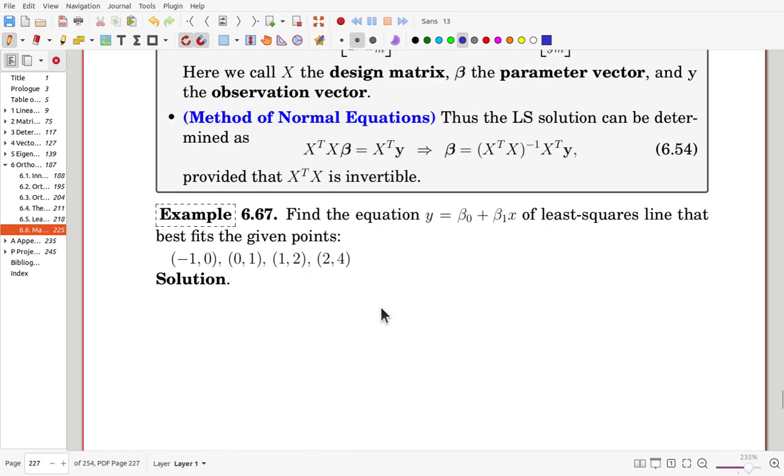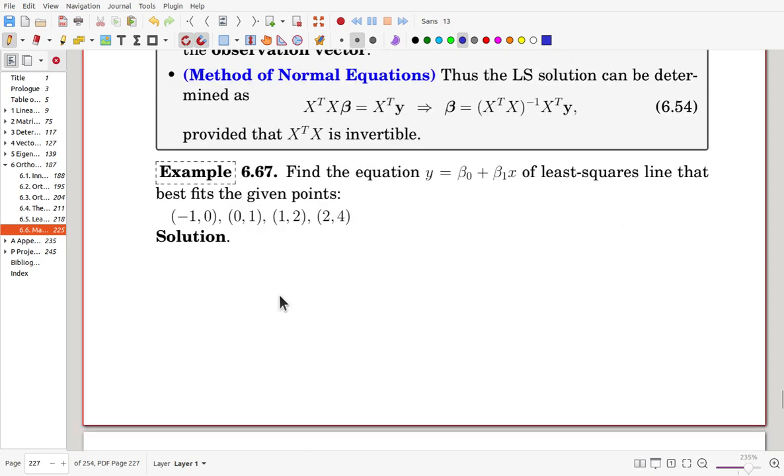Okay, let's try to solve this problem. Find the equation y = beta 0 + beta 1 x of the least squares line that best fits the given data points. Okay, once data is given, then you may write down the data in table format.